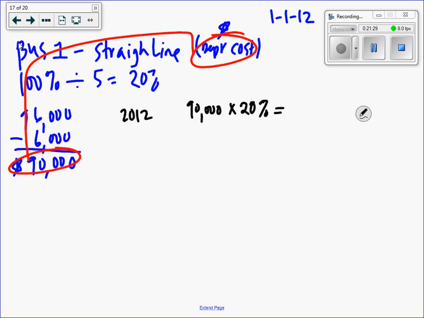In 2012, that first bus had a depreciation expense of $18,000. If we had to stop and journalize, we would say depreciation expense, 18 grand.